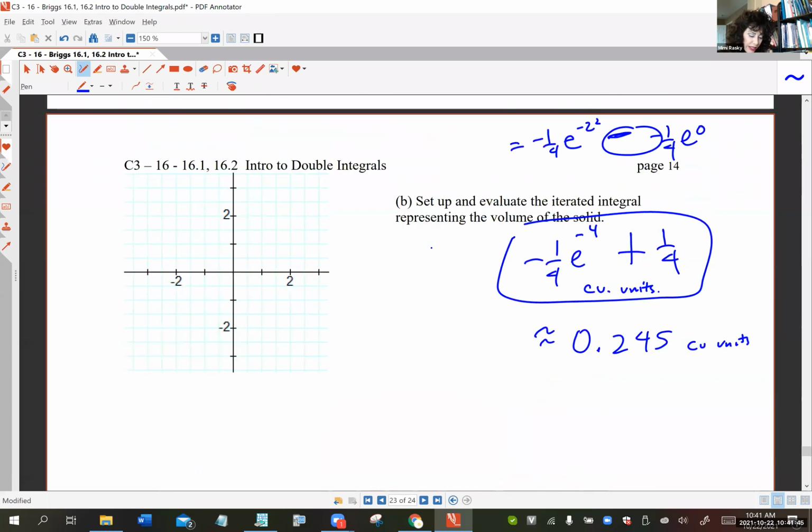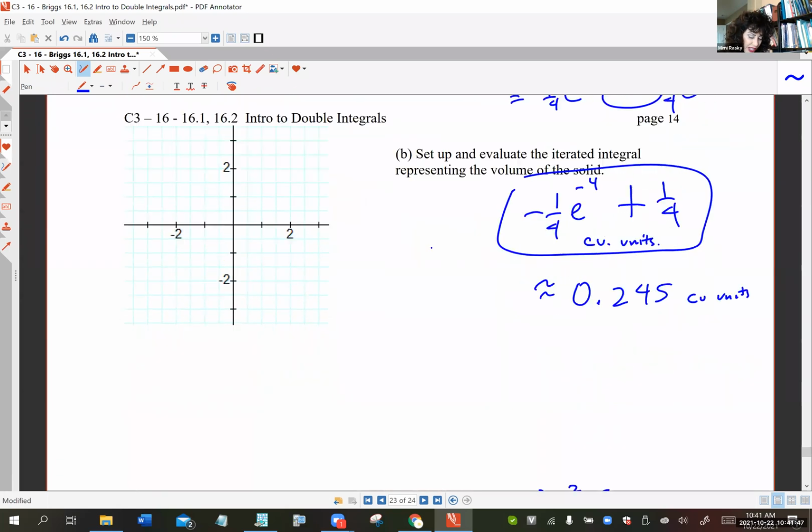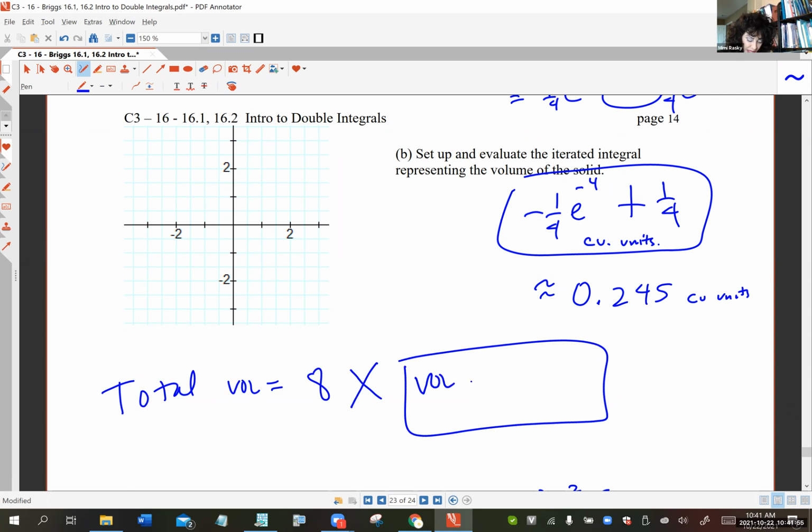So what I'm saying is the total volume will equal 8 times the volume in the first octant by symmetry. Now you can't always do this, but because the solid has a lot of symmetry, we can do it for this particular problem.